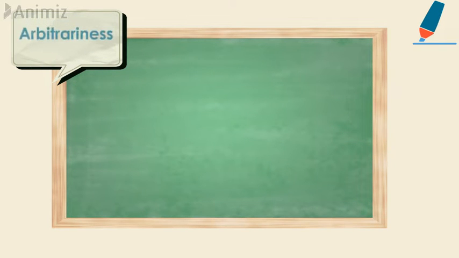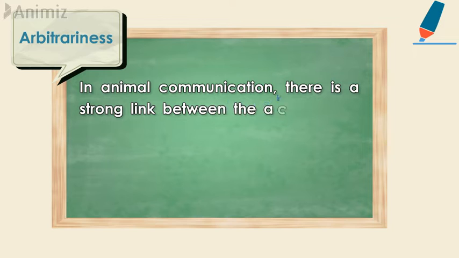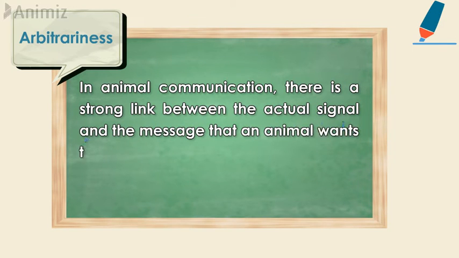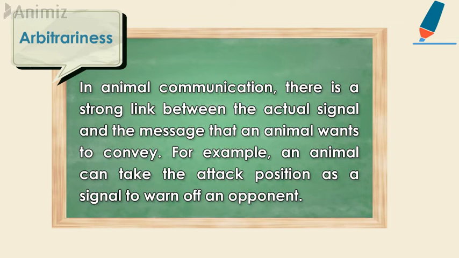The second feature is arbitrariness. In animal communication, there is a strong link between the actual signal and the message that an animal wants to convey. For example, an animal can take the attack position as a signal to warn off an opponent.